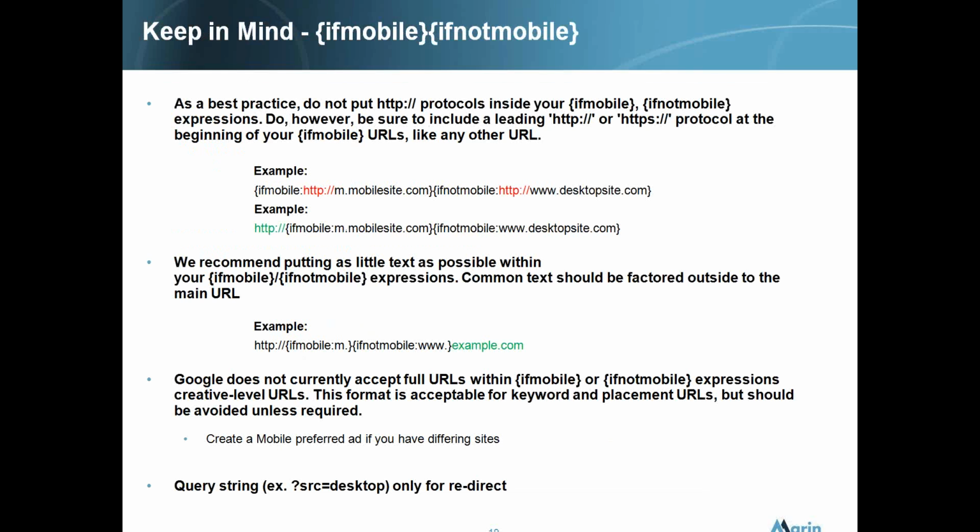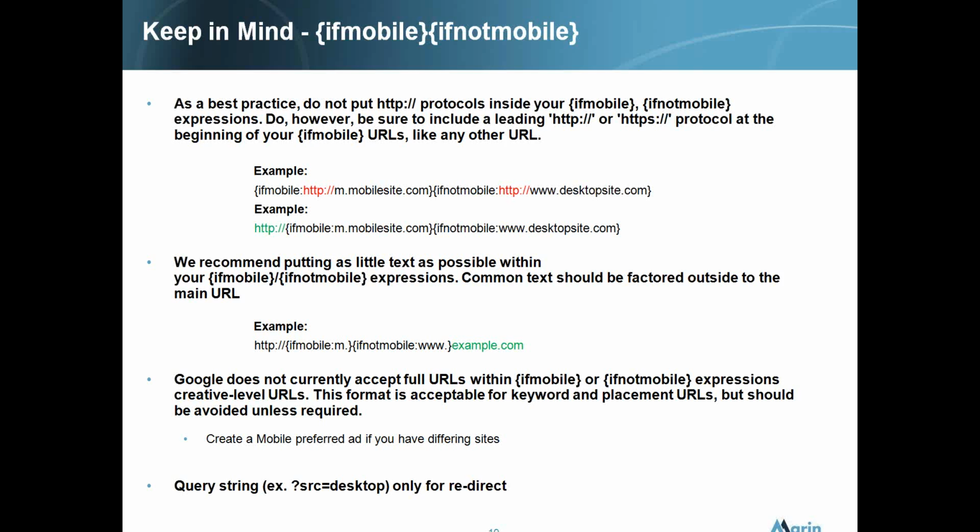A few things to keep in mind when using this if mobile, if not mobile ValueTrack parameter. As a best practice, we're recommending that you don't put the HTTP protocols inside of the actual ValueTrack parameter. But please do ensure that it lives outside of it. This is going to work just like any other destination URL upload.